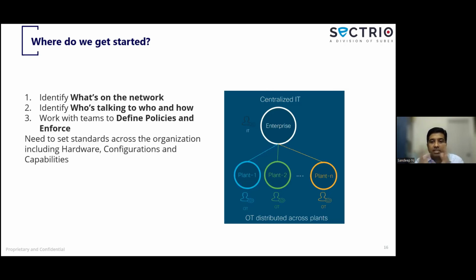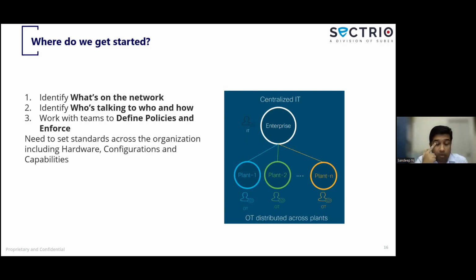And with that, use that information and define the necessary policies that you think are going to help your network today and tomorrow, and enforce those policies, bring about awareness internally, highlight the potential issues if some of these policies are not implemented, and then use that as a starting point and set necessary standards across various levels of your organization, right?